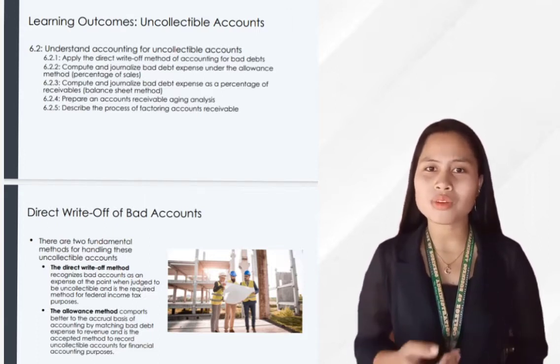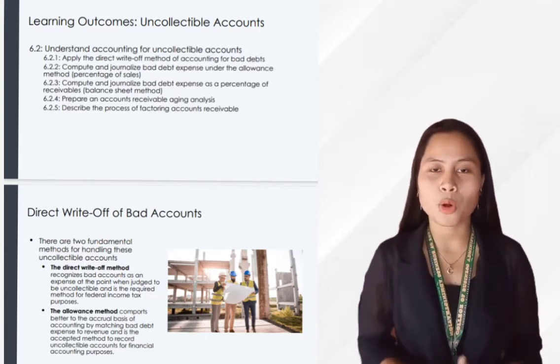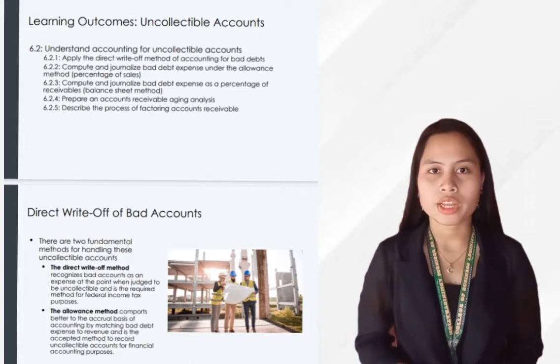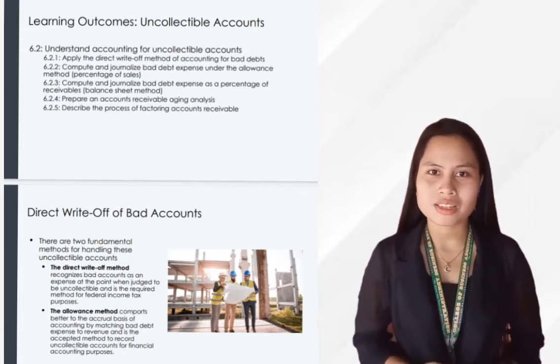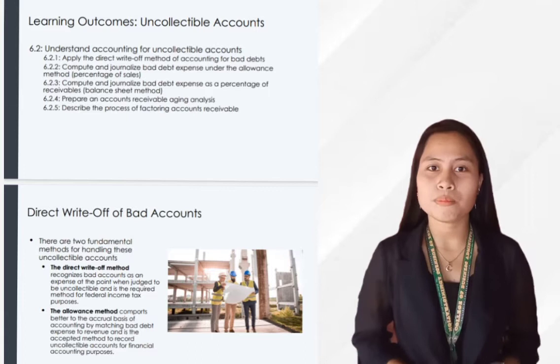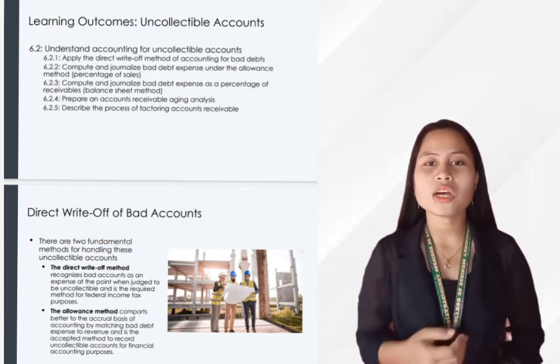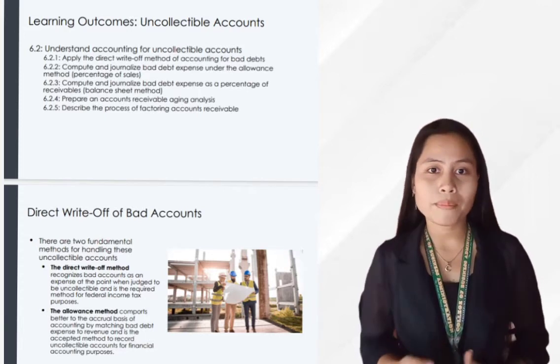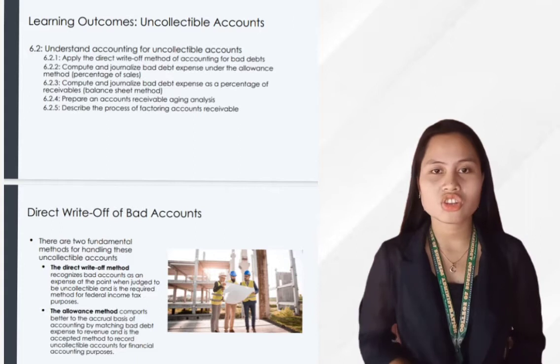So, the allowance method is used for general purpose reporting, gamiton na siya for general reporting. So, when you say accrual basis, it recognizes business revenue and matching expenses when they are generated, not when money actually changes hands.